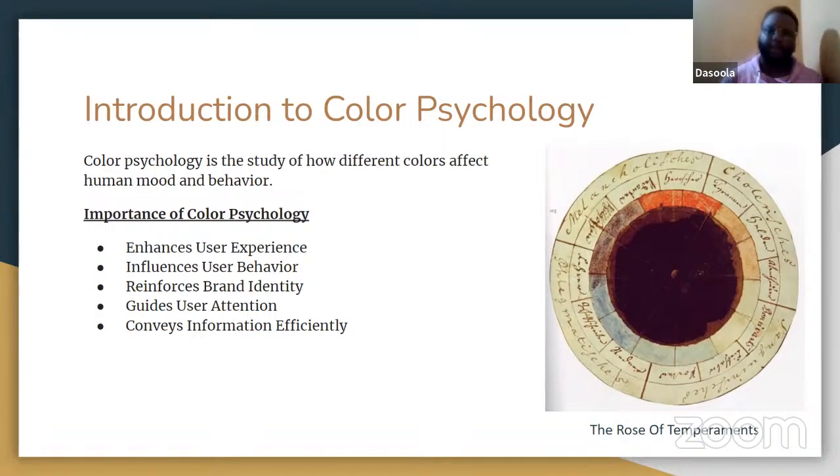So let's quickly go through a rundown of the importance of color psychology. Why is color psychology something that should be studied and taken note of? So first of all, it enhances user experience. By using certain colors in certain positions, those colors can evoke some very specific emotions and reactions from users.